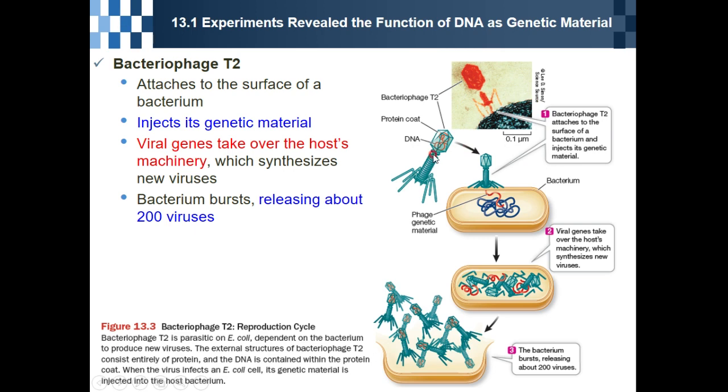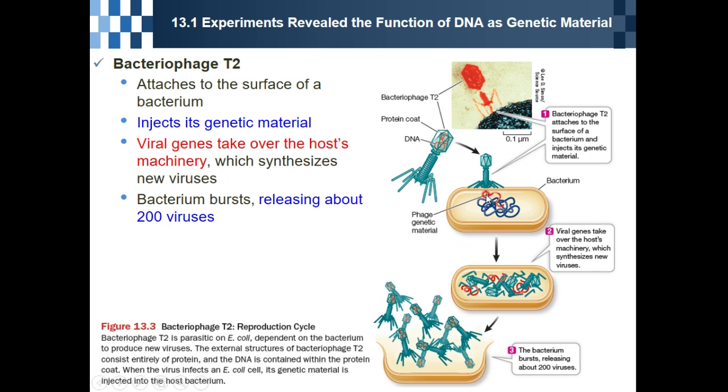Usually the bacteriophages attach to the surface of bacteria. After that, they inject their genetic material. This red one is the viral DNA. After that, the viral gene takes over the host machinery.